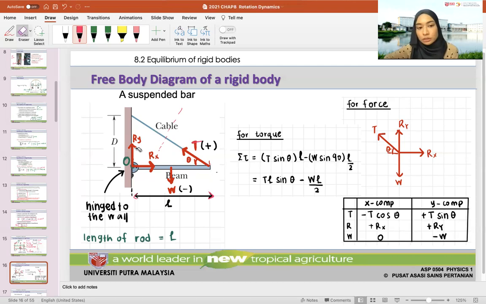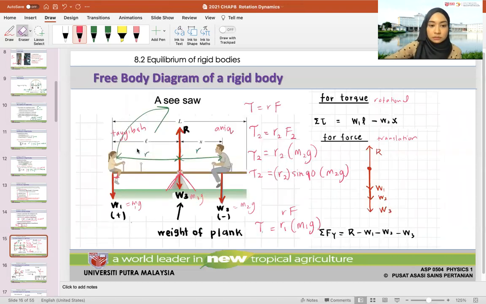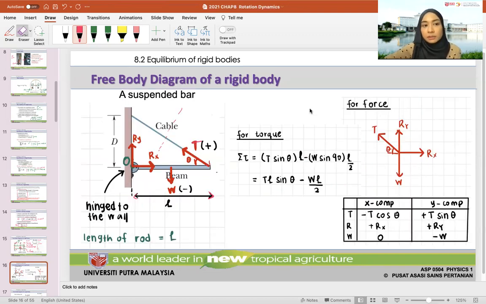Now, previously, when we talked about the seesaw, we defined the R as a straight line. At the axis of rotation there will always be an R because it has that point of contact that we are interested in. We don't know the direction of our R because it keeps moving.